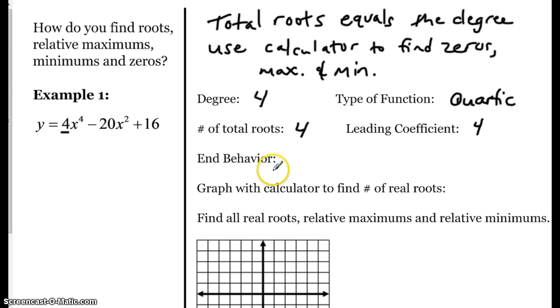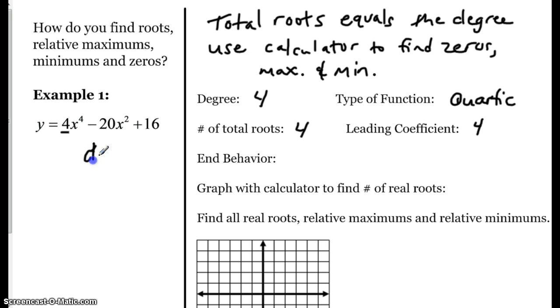Okay, our end behavior, we can determine from the equation already and what we learned in our discovery activity in class today. So we know it's an even end behavior because the degree is even, and we know our a is a positive number.